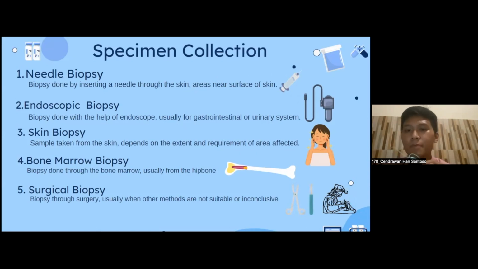Next is skin biopsy, which is taken from the skin, and it usually depends on the extent and requirement of the area affected. Number four is bone marrow biopsy, which is done through the bone marrow, usually from the hip bone, and is usually done to diagnose blood problems. And the last one is surgical biopsy, which is done through surgery, usually when other methods are not suitable or results are inconclusive.